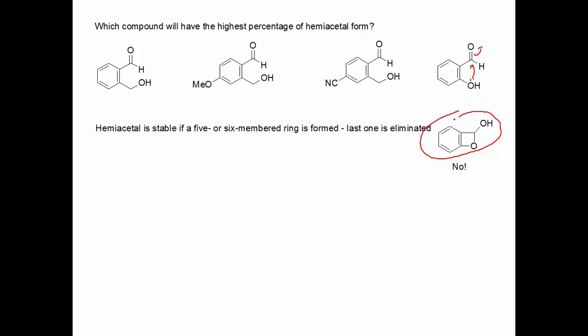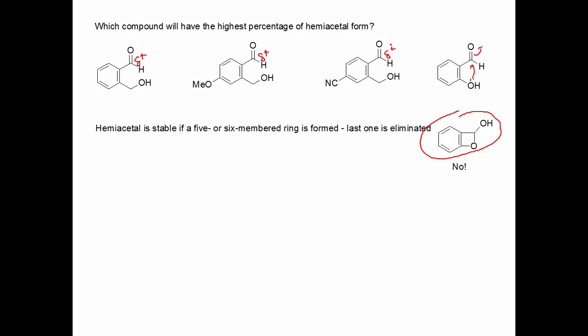So what's our other governing factor here? It's the fact that electron withdrawing groups destabilize ketones. Remember, ketones or aldehydes have a partial positive charge, and an electron donating group is going to stabilize that, make it less reactive, make it more stable, but an electron withdrawing group is going to destabilize it.